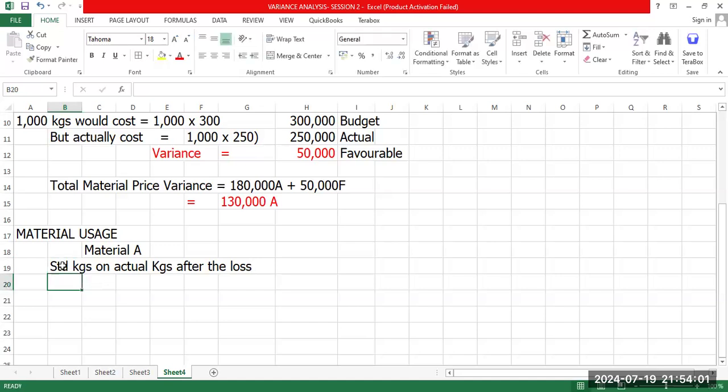Now, how are you going to get the standard kgs on actual kgs after the loss? Where are you going to get these standard kgs? You come back here.